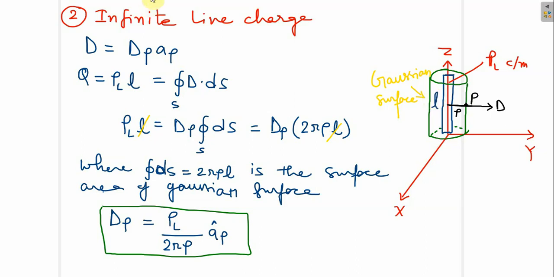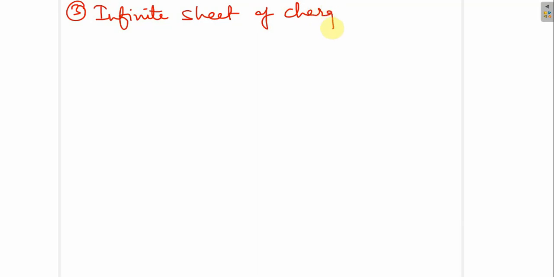Okay. Next we will see the third application, which is for the infinite sheet of charge. So let us suppose an infinite sheet.